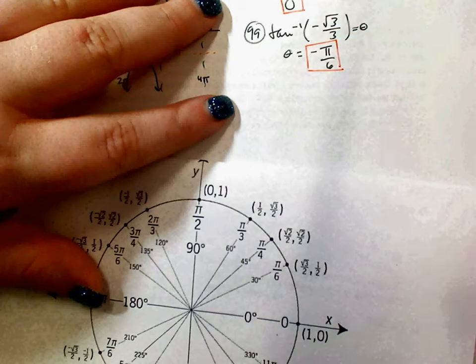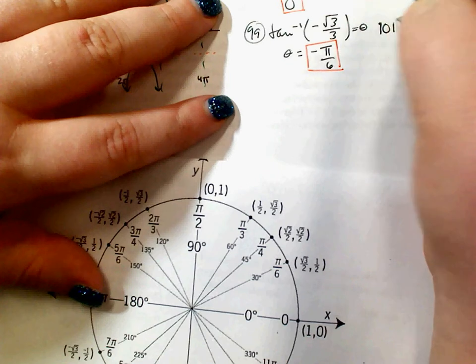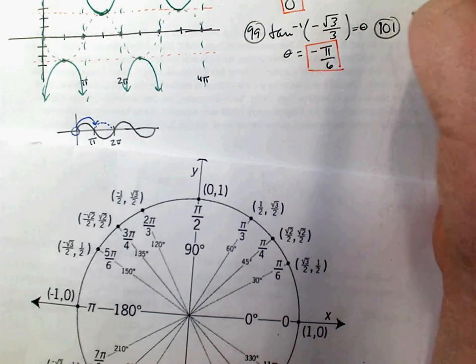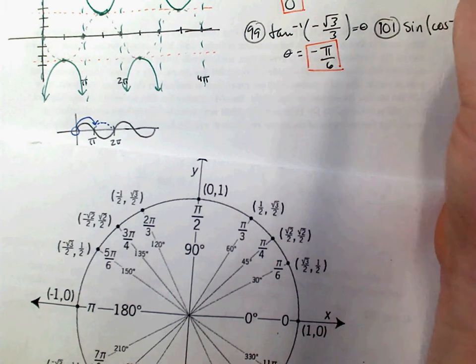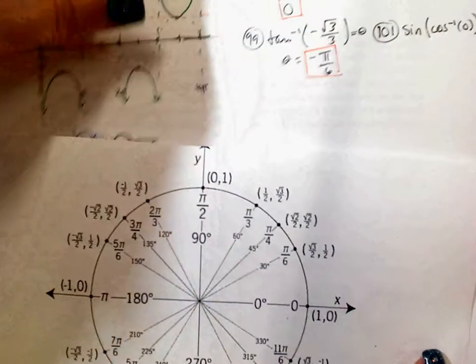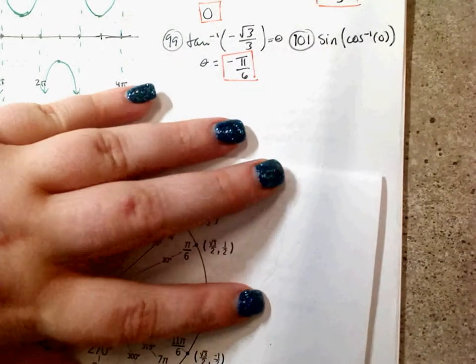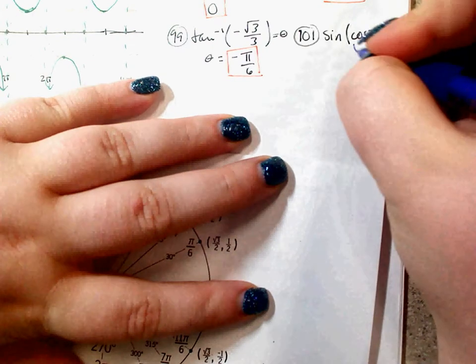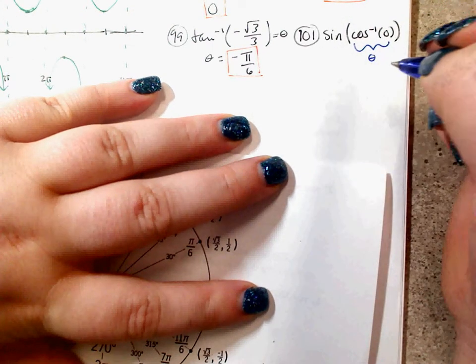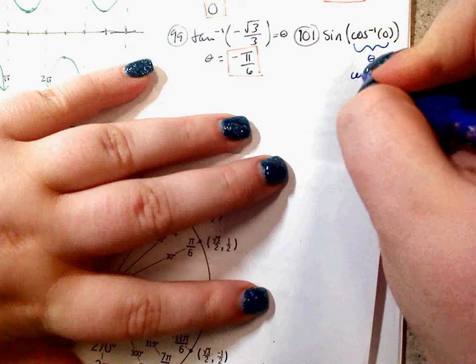Okay, 101. Sine of cosine inverse of 0. Okay, so cosine inverse of 0 is some angle, right? So that, and where it's true that cosine of that angle is 0.